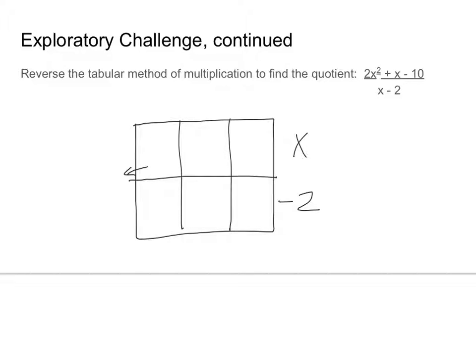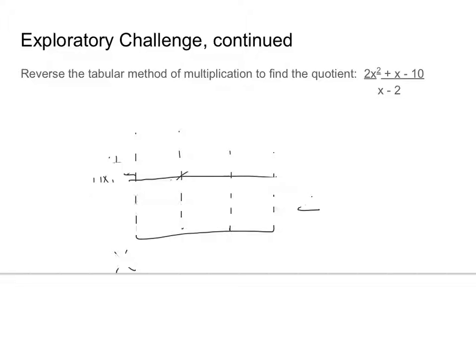And this one, 2x squared. Here we're going to have x. I thought I did that wrong. Let me erase that and start over. I have too many squares. You felt me hesitating there for a minute, and that was why: I thought I had too many squares.